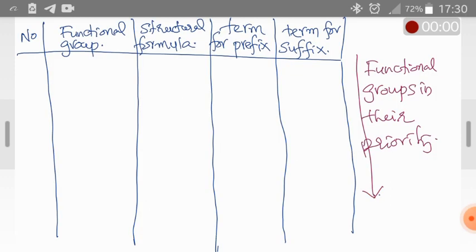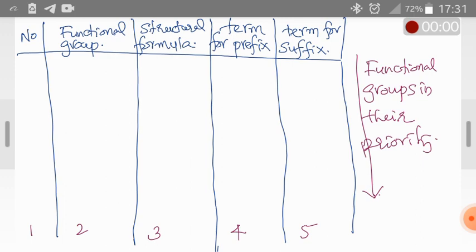One more task. You have to take an A4 sheet, a very neat paper, and make a table with 5 columns. In the first column you put the number. In the second column you put the functional group. In the third column you put the structural formula.